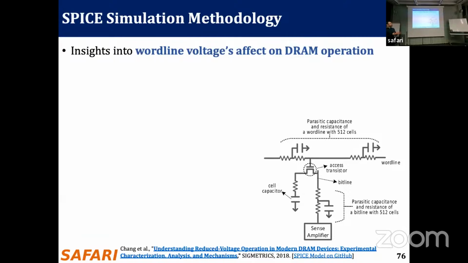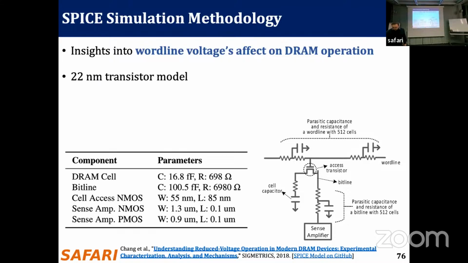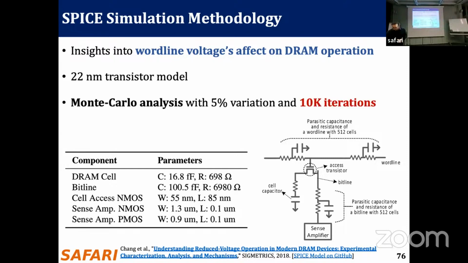Okay, so to understand a bit more how this phenomenon occurs, we conduct some SPICE simulations, and I'm not going to go through the circuitry. I just put it there because it's cool. We conduct SPICE simulation using these parameters using a 22 nanometer transistor model.